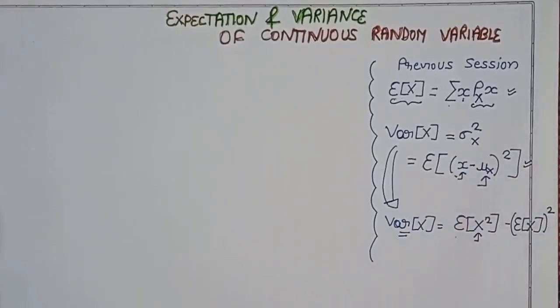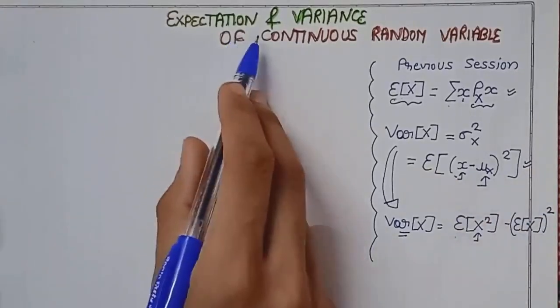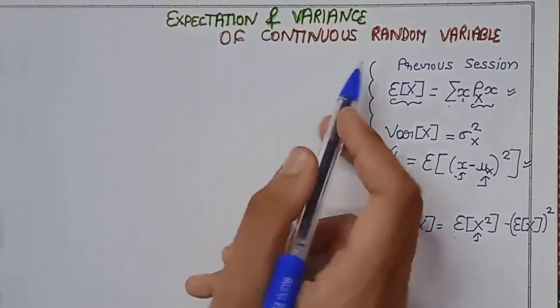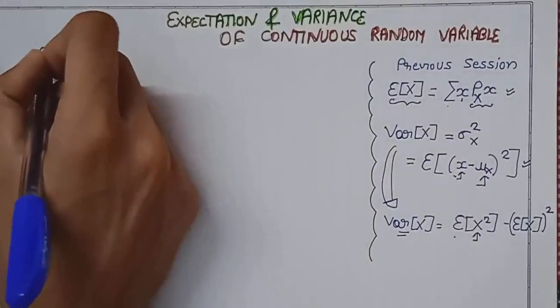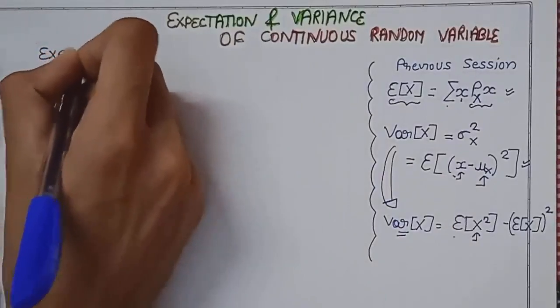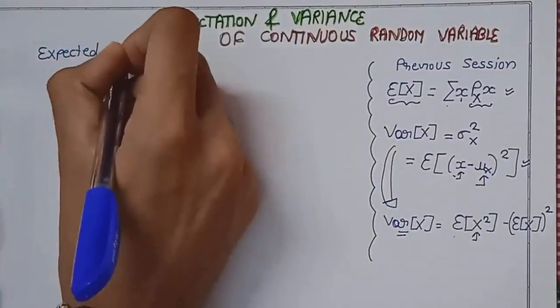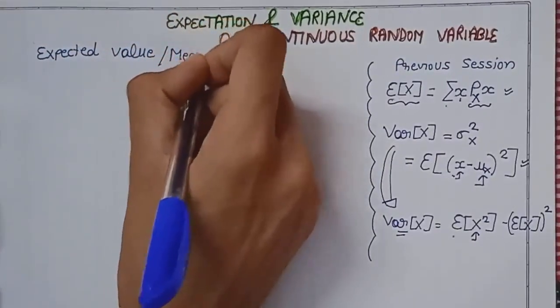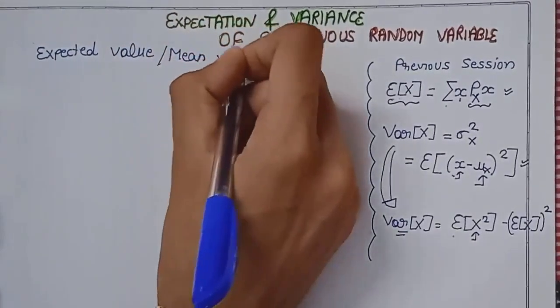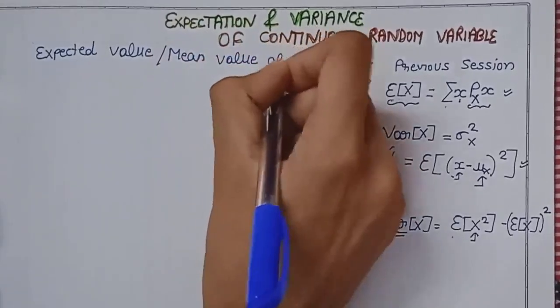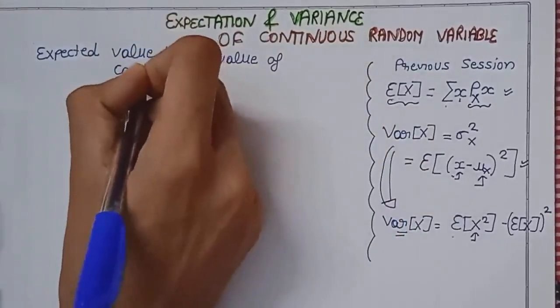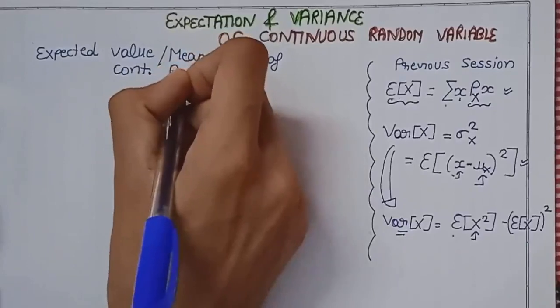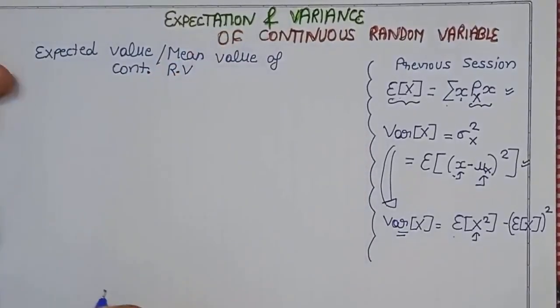So now let us start with our today's topic, which is expectation and variance of continuous random variable. So expected value, or I can say mean value of continuous random variable.